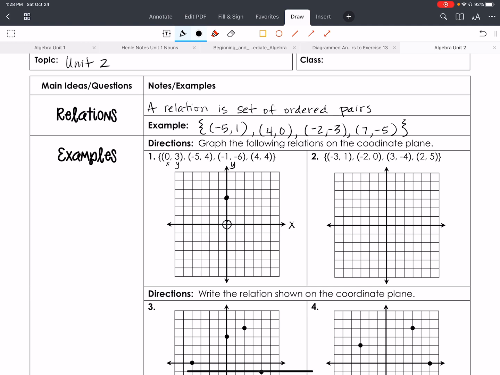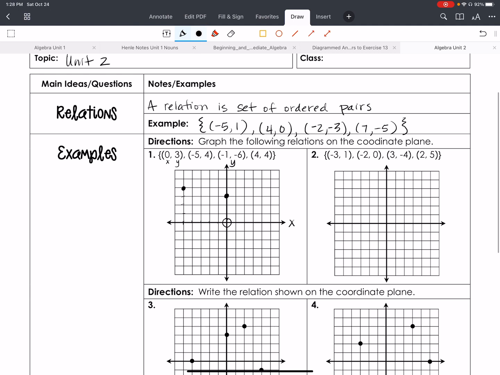For the second ordered pair, the second point, it's negative 5, 4, so negative 5: 1, 2, 3, 4, 5 along my x axis and 4 on the y: 1, 2, 3, 4. So right here. For the next one, it's at negative 1, negative 6. So negative 1 on the x number line, negative 6, 1, 2, 3, 4, 5, 6 on the y number line.